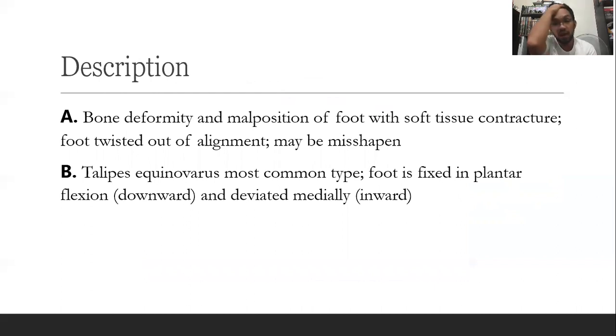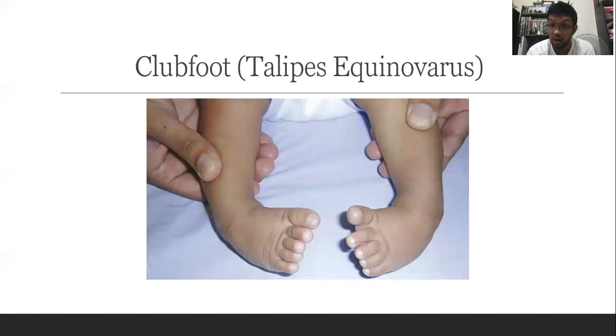The foot is twisted out of alignment and it may also be misshapen. Talipes equinovarus is the most common type, wherein the foot is fixed in plantar flexion, downward, and it is deviated medially, like you can see here. It's deviated towards the middle, or towards the midline.